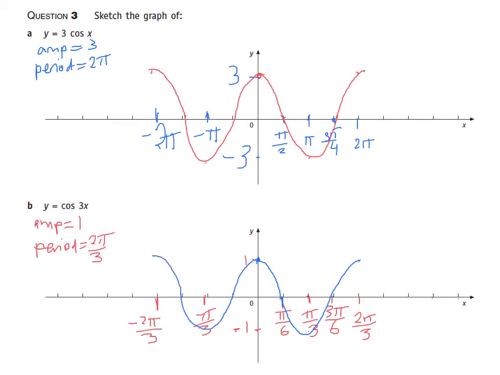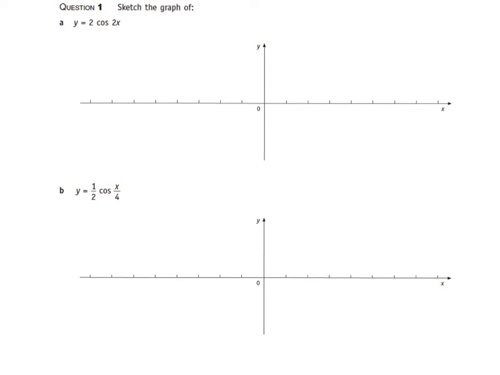So there's the graph of y equals cos 3x, and we've got a domain there of between negative 2 pi on 3 and 2 pi on 3, but obviously it can continue in both directions because the domain is all real x.